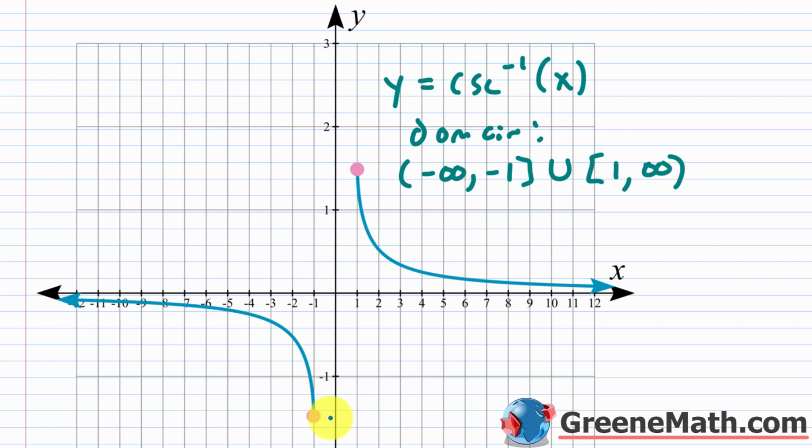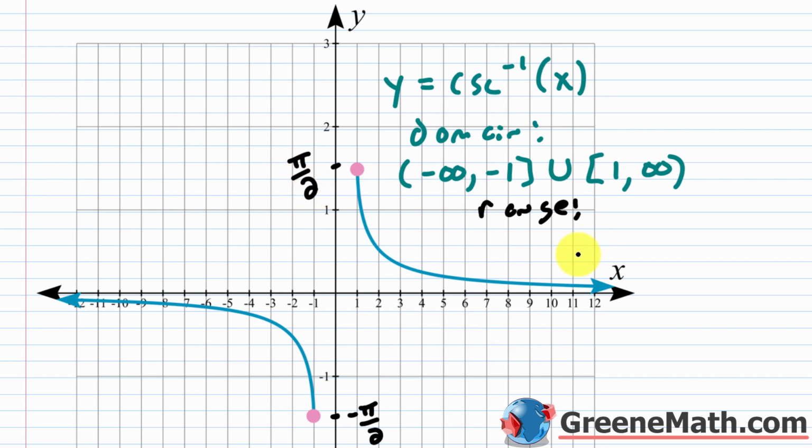So you're going to go from negative pi over 2 to pi over 2, but you're going to exclude 0. So for the range, and this is the important one here, we're coming from this right here, let me put it as negative pi over 2, and this right here, let's say that's pi over 2.